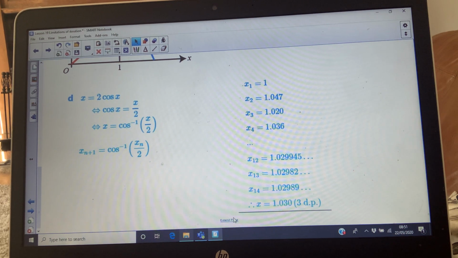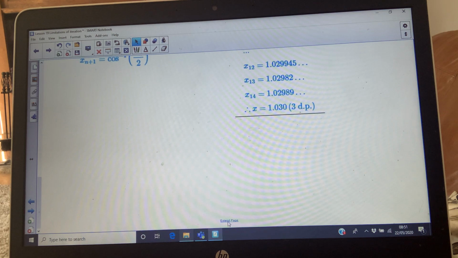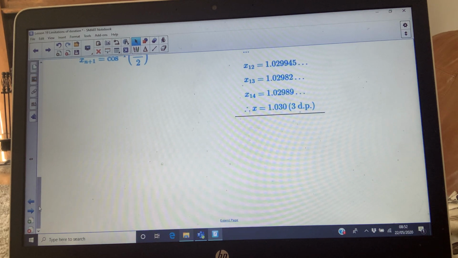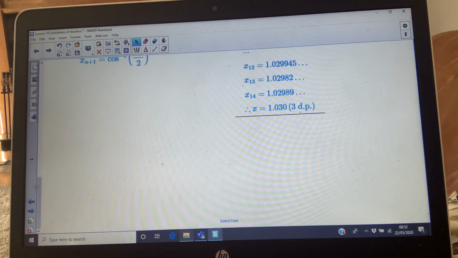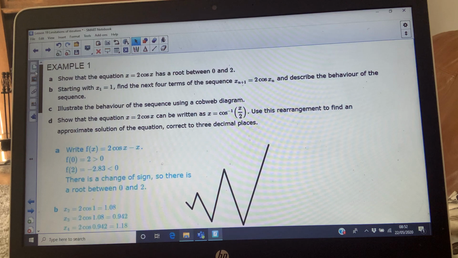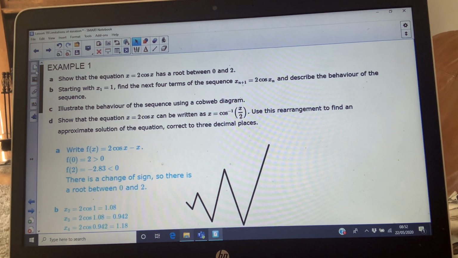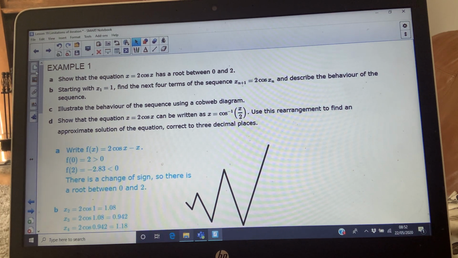At 3 decimal places, your solution is 1.030. So your first rearrangement did not lead to a root from your iteration, but your second one, in D, did.